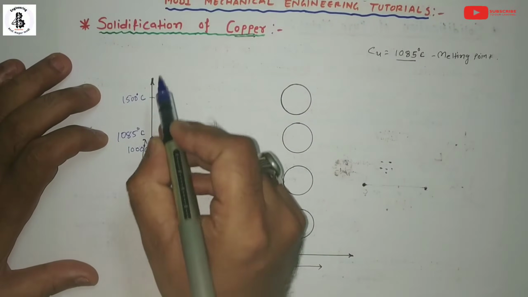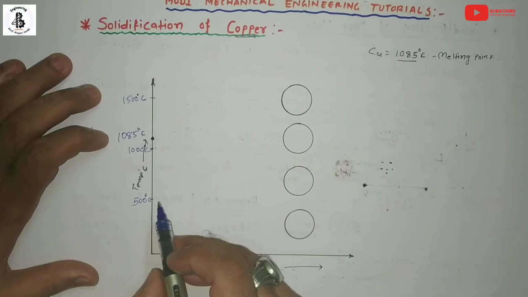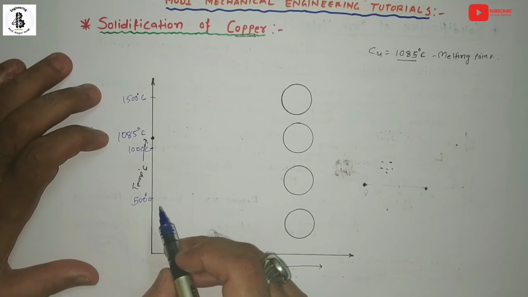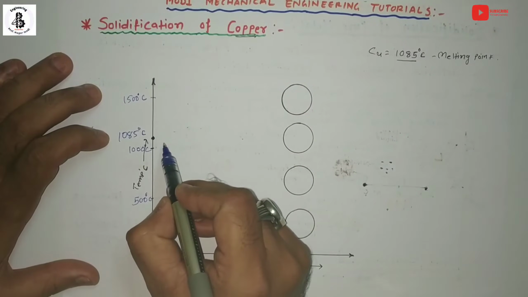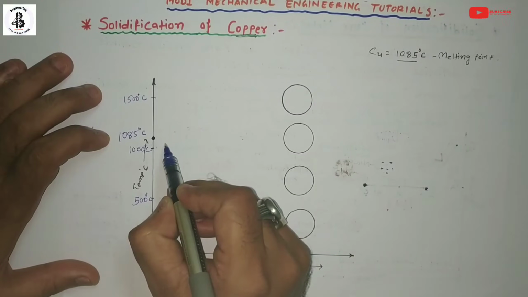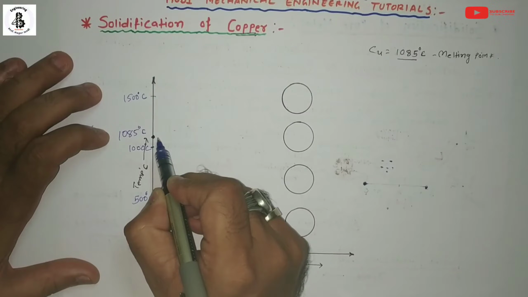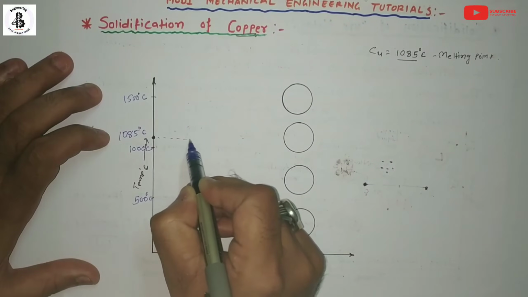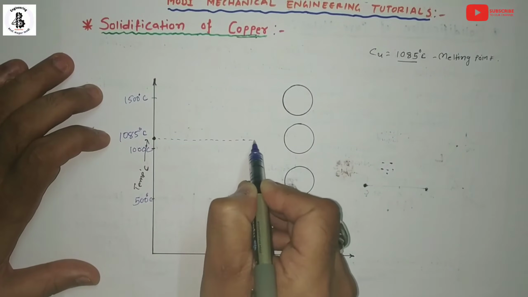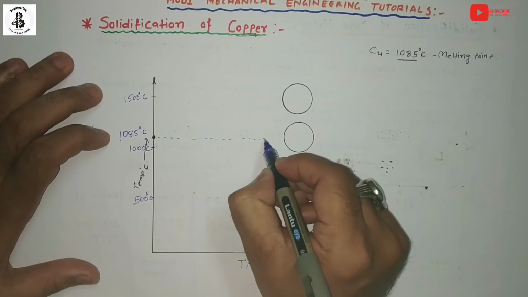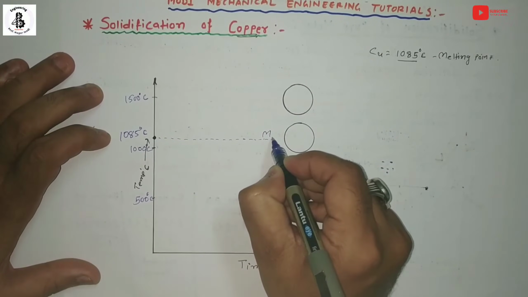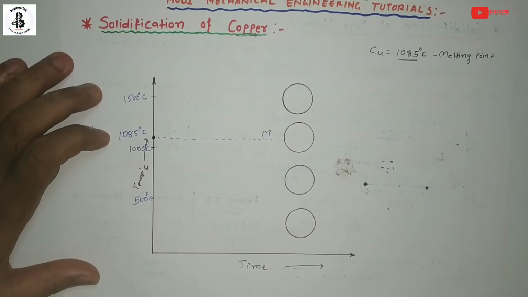Solidification of a pure metal is a constant temperature process, as we already discussed in my previous lecture. So that will be the melting temperature of copper.